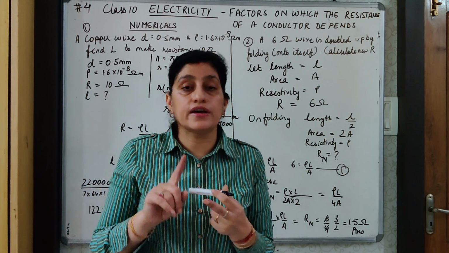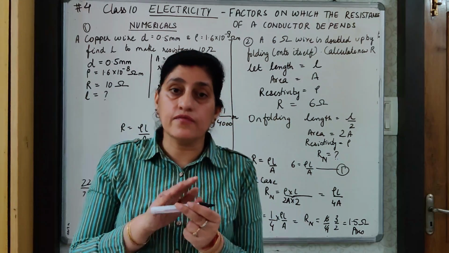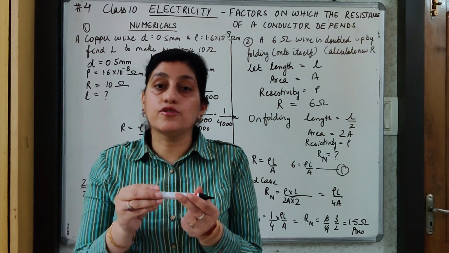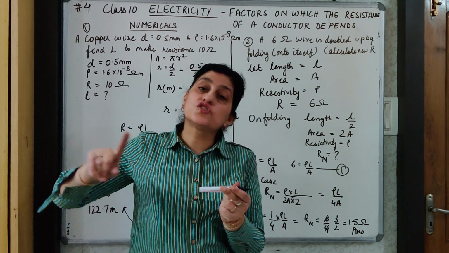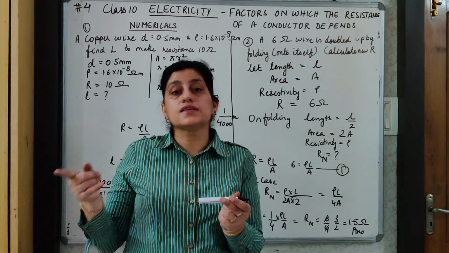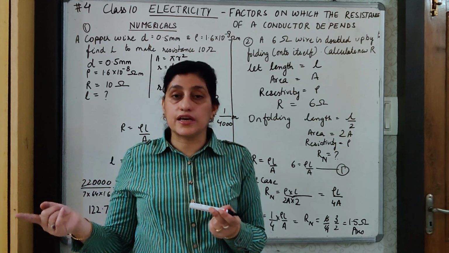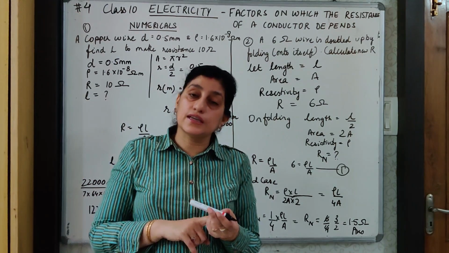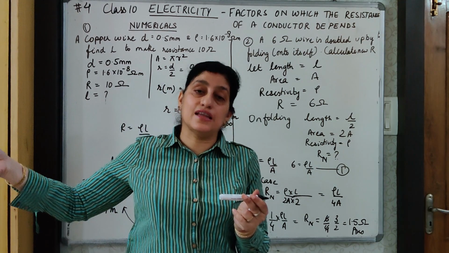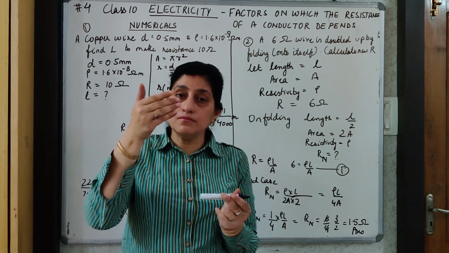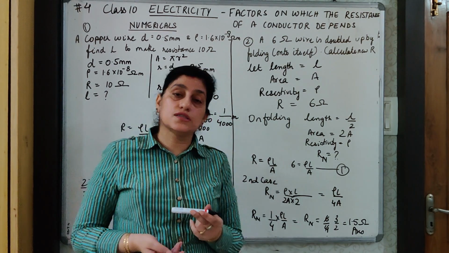So you will have to be very careful whether the same wire is folded onto itself. If it is folded, the length will become half and the area will become double. If it is stretched, the length will increase, area will decrease. Whatever times the wire is stretched, that many times the area will decrease. Suppose the wire is stretched to triple its length, then the area will become 1 by 3 of the given area. I hope this is clear.